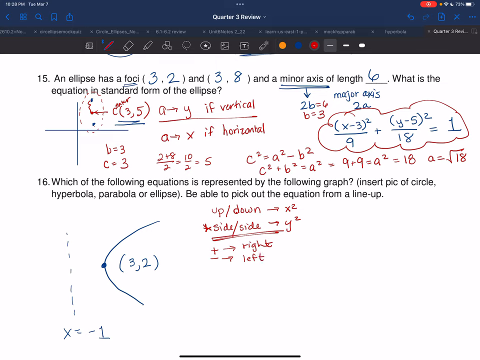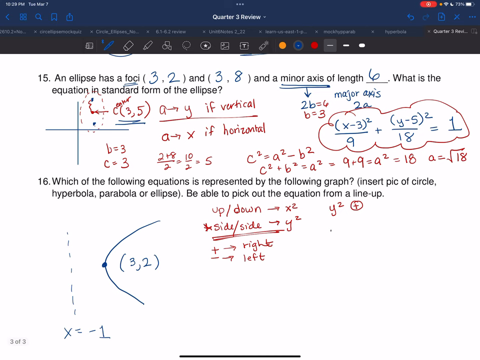So I know that so far I have y squared, and then we have a positive parabola. My formula for this, now that I know that it's y squared, is going to be (y minus k) quantity squared equals 4p times (x minus h). No square on that. Okay, this is the only one that only has one square.